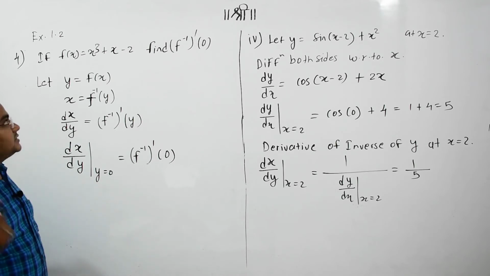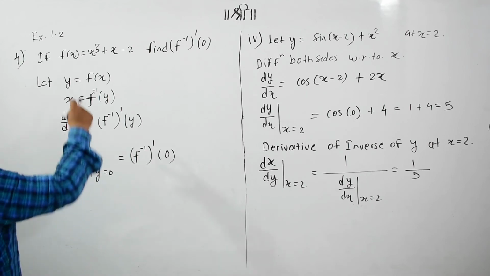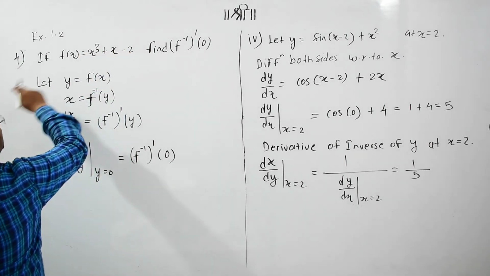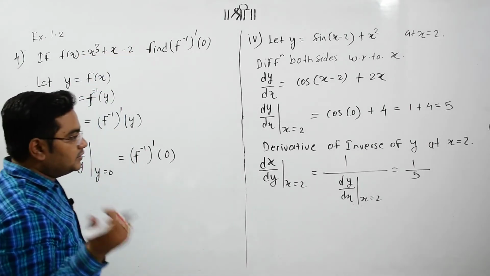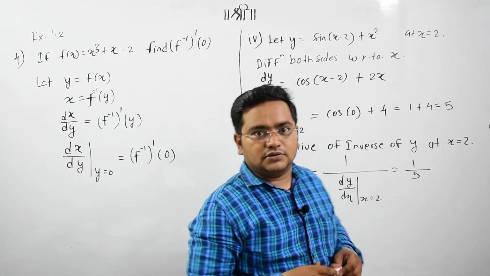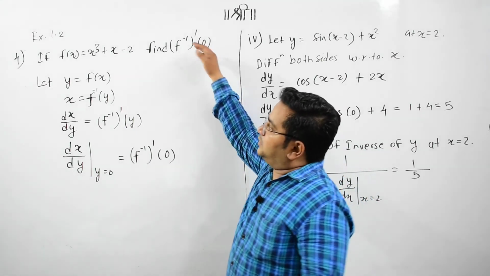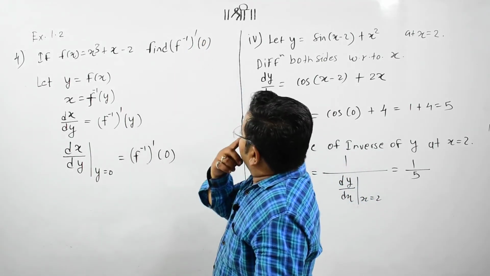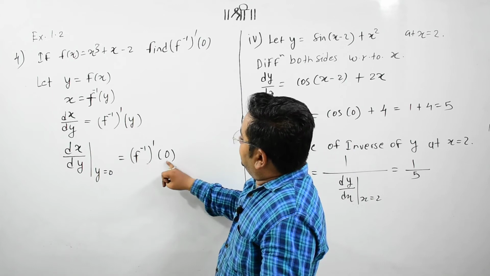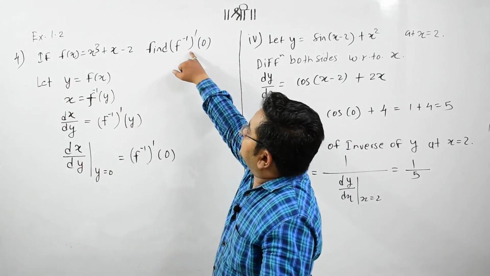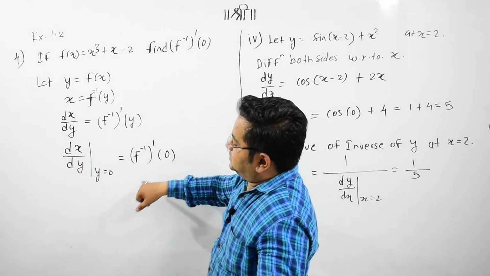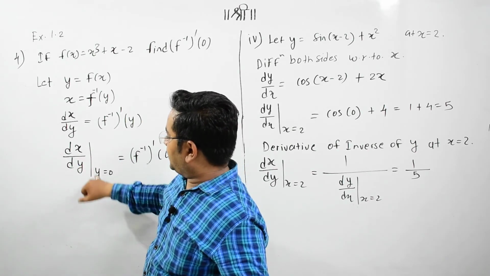Understood? That's the major concept. Hope you got the essence of this problem. I am taking this problem directly and giving you a hint how to find the required values. So this is what is required, dx upon dy at y is equal to 0.